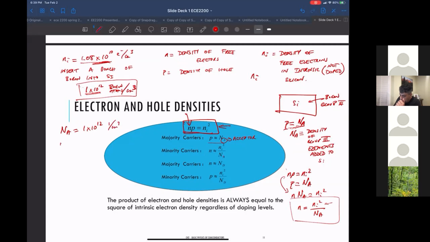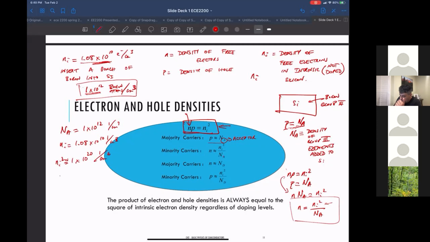We said n sub i is 1.08 times 10 to the 10th per centimeter cubed. So n sub i squared is approximately 1 times 10 to the 20 per centimeter to the 6th.